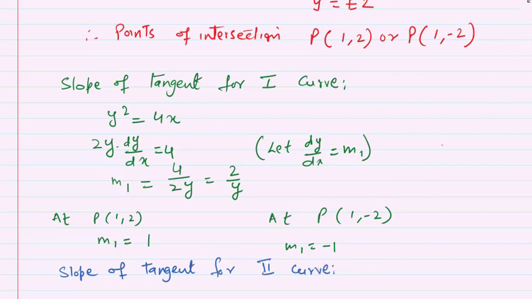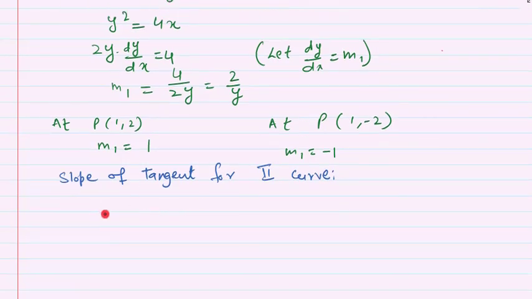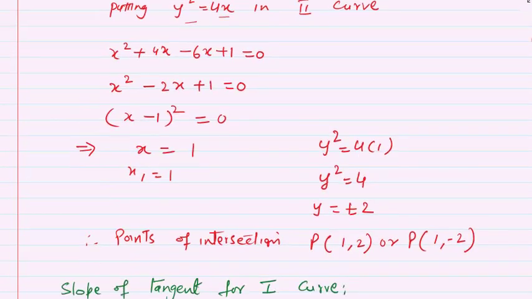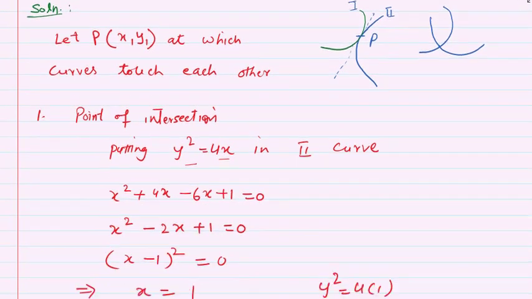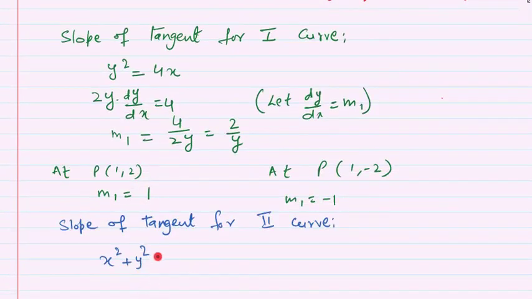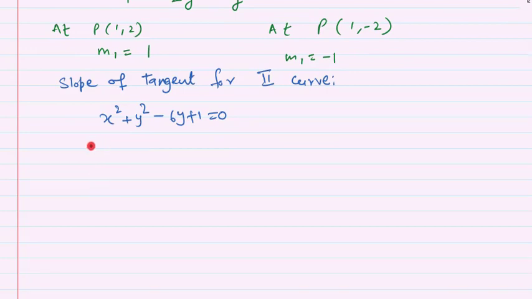So we have x square plus y square, let me check the equation of the curve, it is minus 6x plus 1 is equal to 0. So we calculate the derivative of this. It's 2x plus 2y dy upon dx minus 6, it is 6x I think, not y.